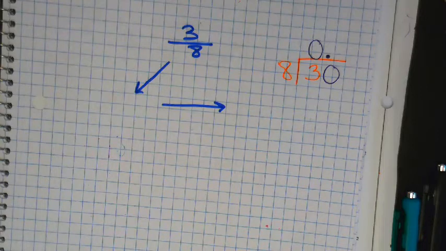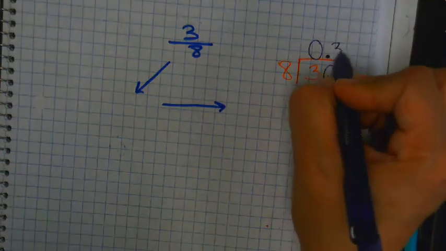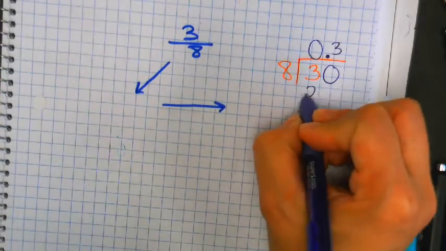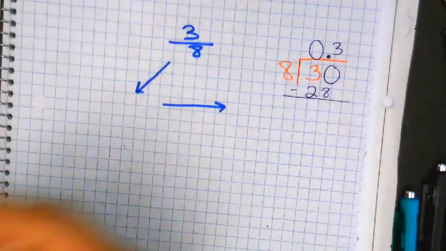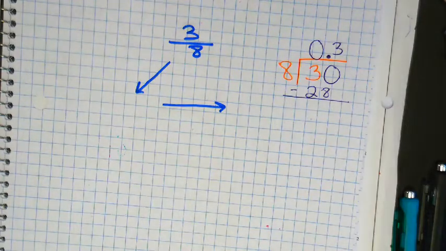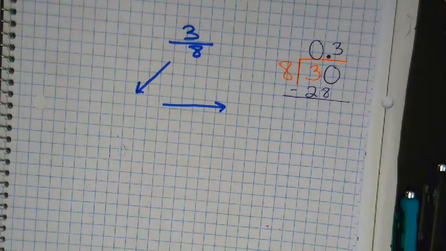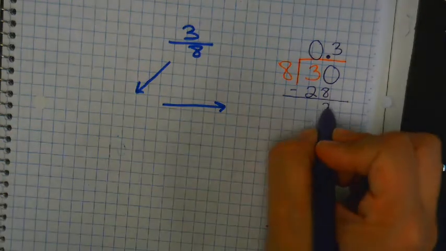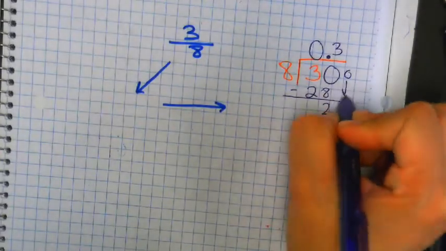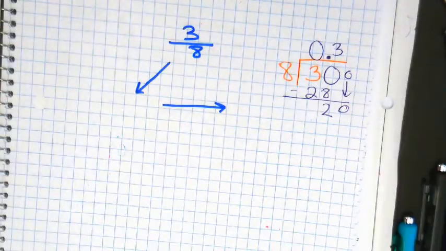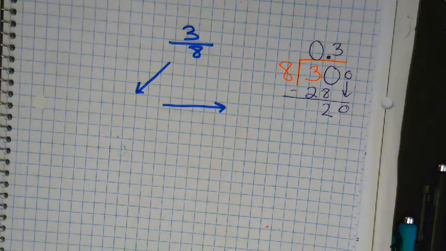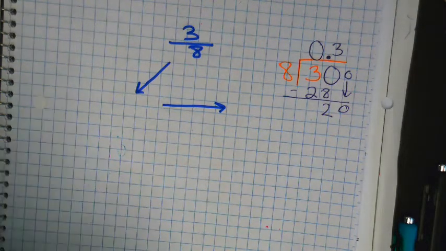Yeah, because 4 gives you 32. No bueno. So 3 on top of the 0, that gives me 24. Remainder 6, 0, bring it down. How many times is 8 going into 20?